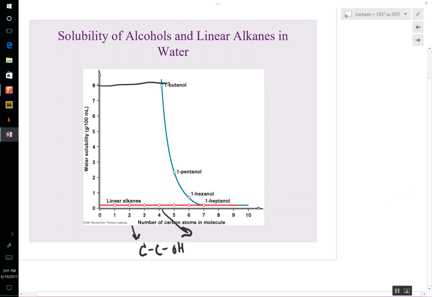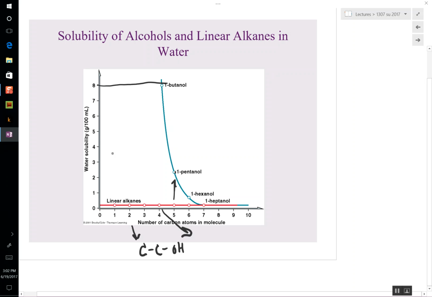It said about 7. Here it's looking around 8 grams per 100 milliliters. Pentanol. Now we've got to 5 carbons, and we're down to 2 grams. The solubility is decreasing as the chain length is increasing. Okay? As the chain gets longer, the solubility in water decreases.